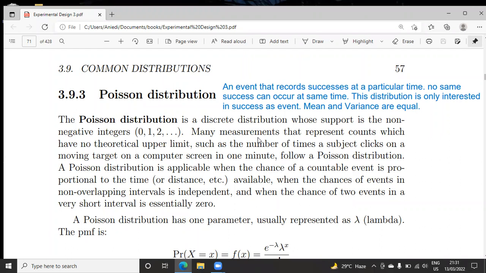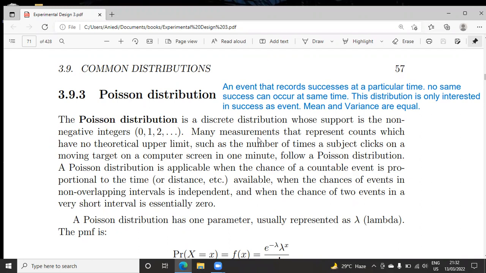Poisson calculates the number of successes you can have at a particular time, given that no two successes can occur at the same time. So this distribution is only interested in success as the event.